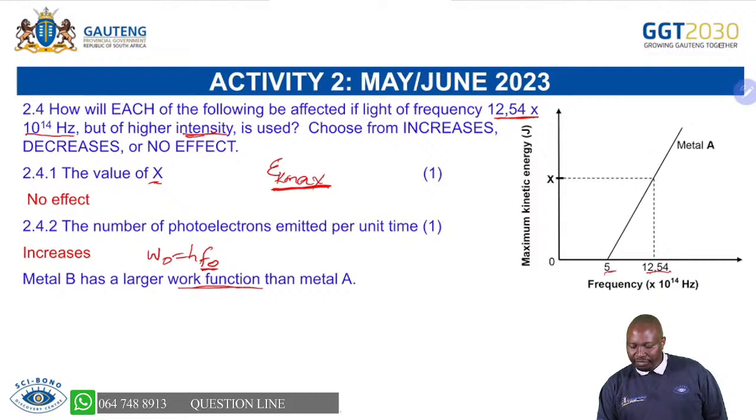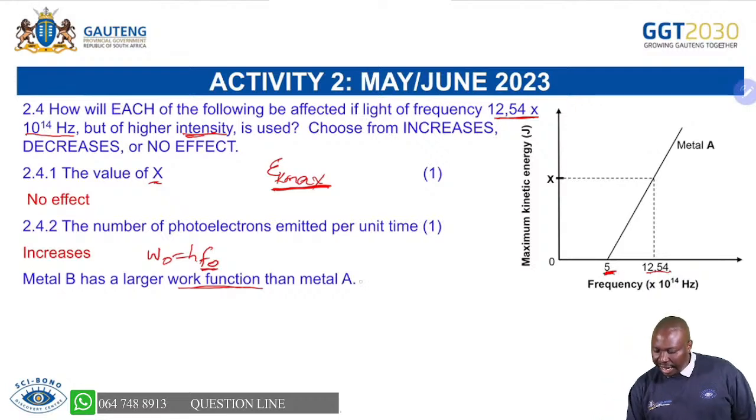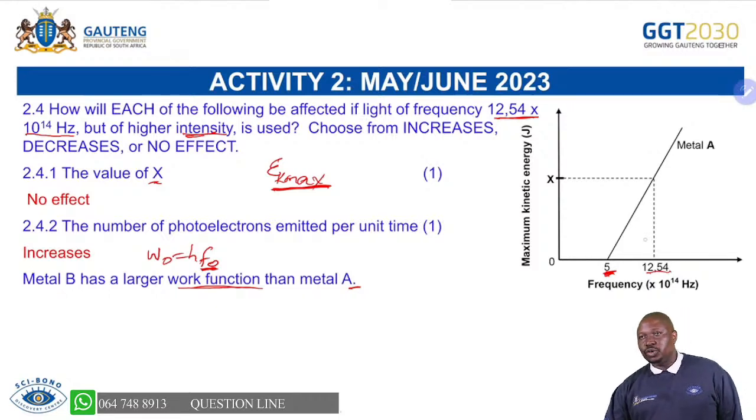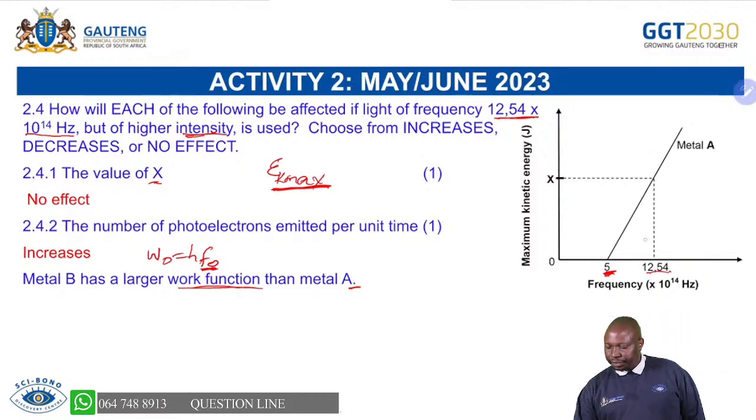So the threshold frequency for B is greater than the one for A. That's what that statement means. When it says metal B has a larger work function than metal A, it means that the threshold frequency of B is larger than the threshold frequency of A. So you are expecting the movement to the right because it's a larger value.